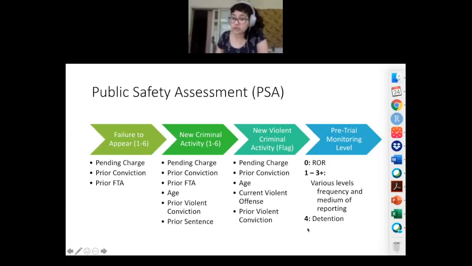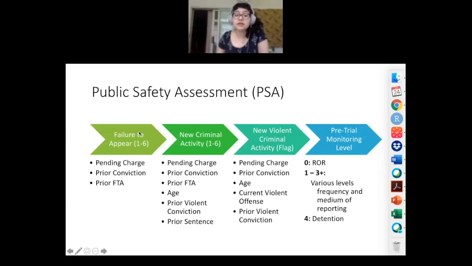The highest monitoring level is detention. The lowest is you get released and you just need to come back to your court date. And there are various levels of reporting and monitoring in between. You could need to report to pretrial services weekly, monthly, via phone, or in person.